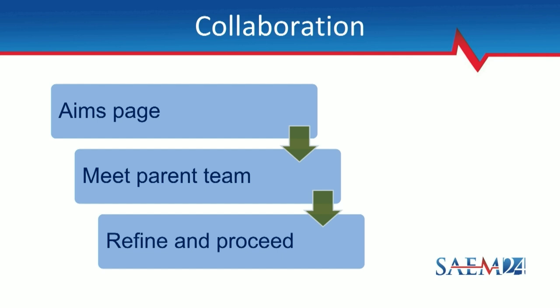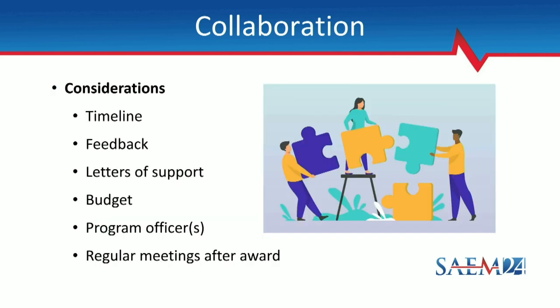In terms of the process of collaboration, for us it started with developing an AMS page, taking it to the BOOST-3 leadership with Will's help and others' help, seeing if they think it'll work within the trial context, refining that, and then going through the eventual full proposal to the NIH.